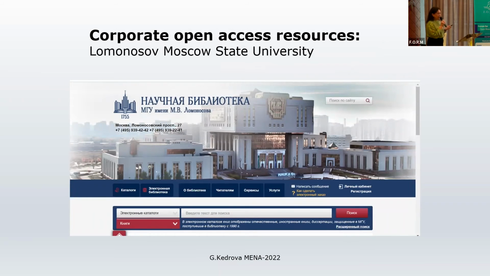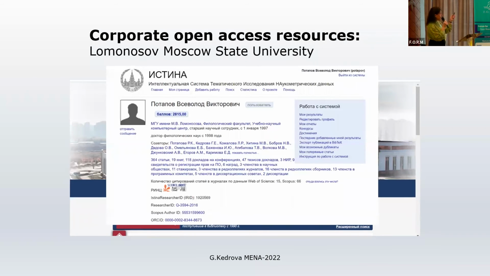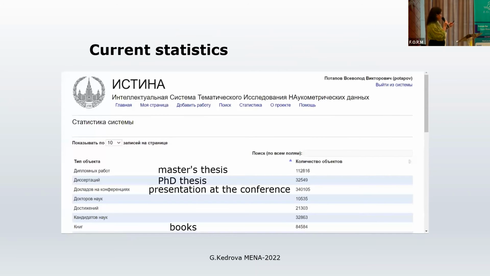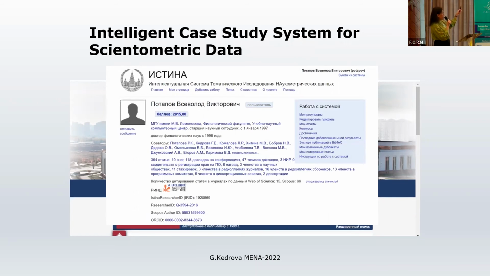Corporate open access resources. We have at our university, it's in the building of the library of Moscow State University, a special corporate open access project. It is called, in Russian, Istina. Istina means verity. And it is an intelligent case study system for scientometric data.